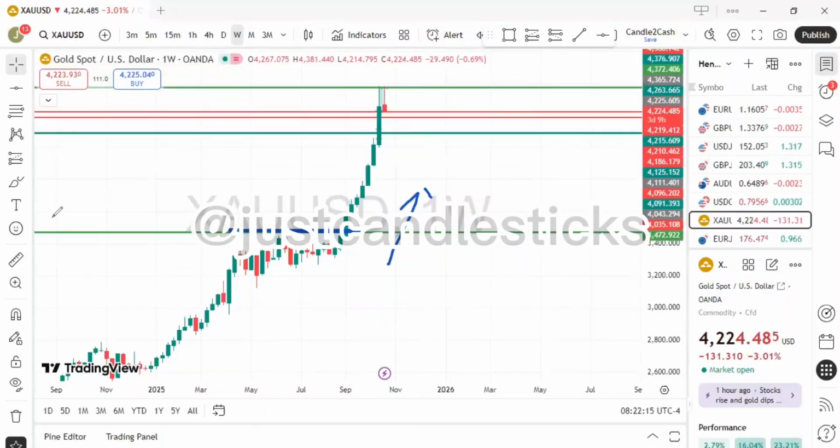So we are now looking at whether we should continue to buy, or the market is going to do a break and a retest, because it is a possibility for the market to do a break and a retest.